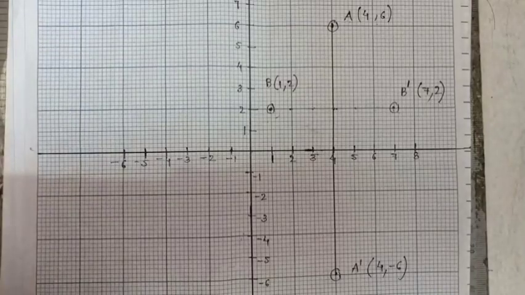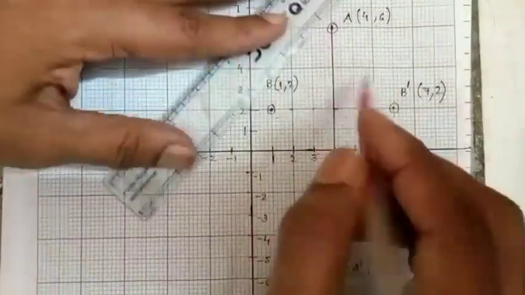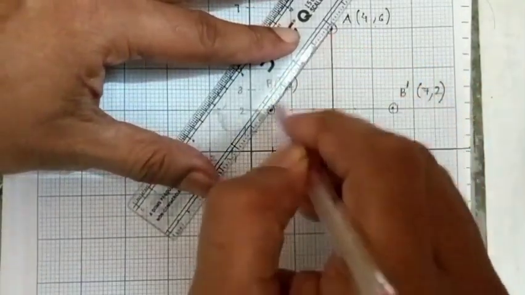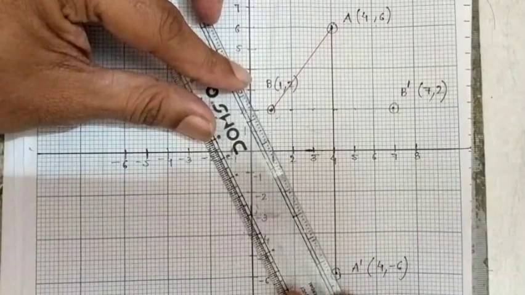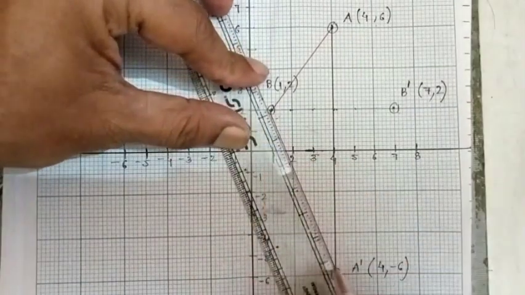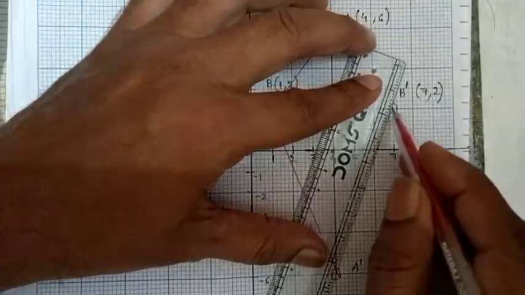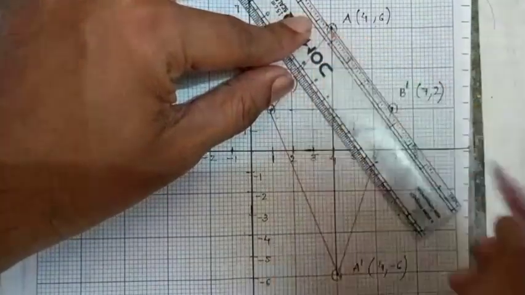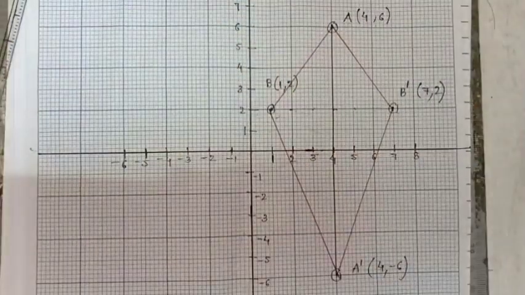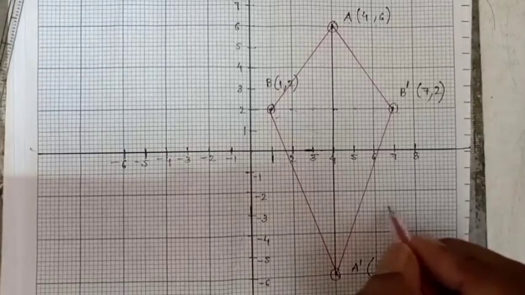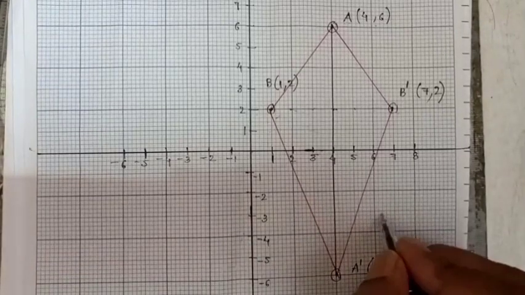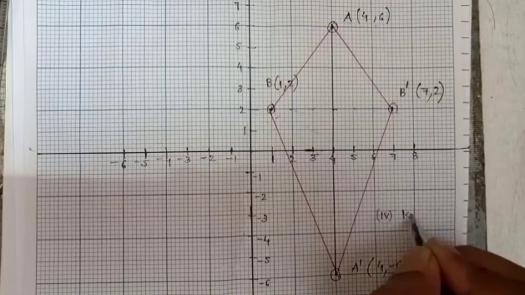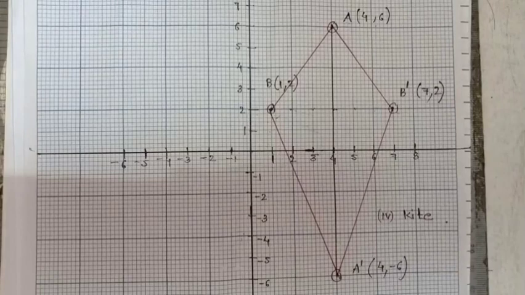If I am joining A to B, B to B', B' to A', and A' to A, if you consider this figure, you are getting the figure as a kite. So in the fourth part, they have asked you to name the figure. So the figure is a kite. This is clear. So this brings us to the end of section A.